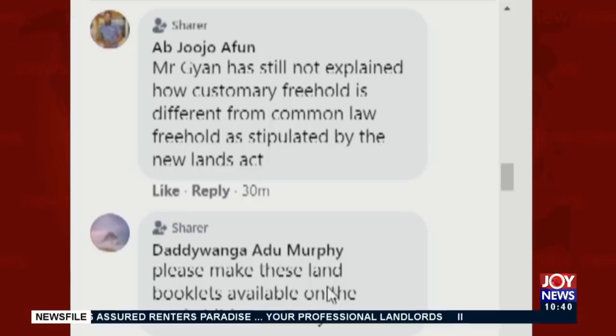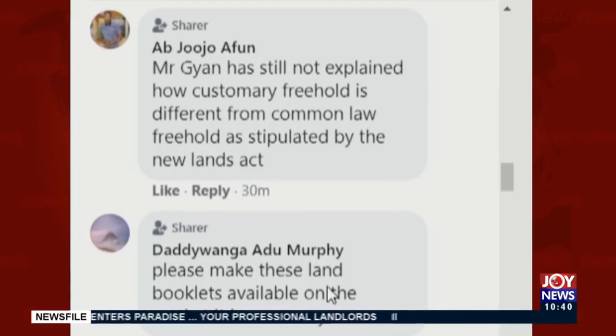If you go to Chapter 4, it sets out in Article 11 the laws of Ghana. And one of the sources of law of Ghana is the common law. And our common law, by our Constitution, comprises the rules generally known as the common law of England that we inherited, the rules generally known as equity, and our own customary law.